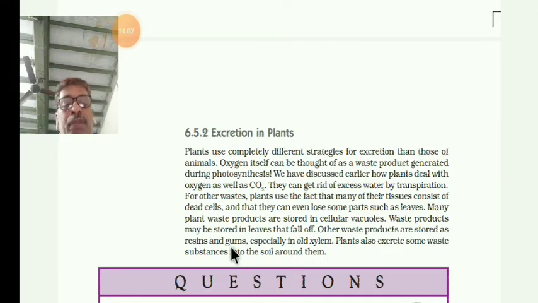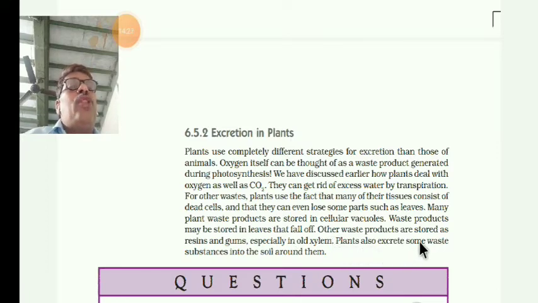Resins are secretions of plants, soft solids of plant origin. Gums are sticky substances discharged by certain plants, sometimes a yellowish viscous liquid, especially in old xylem.